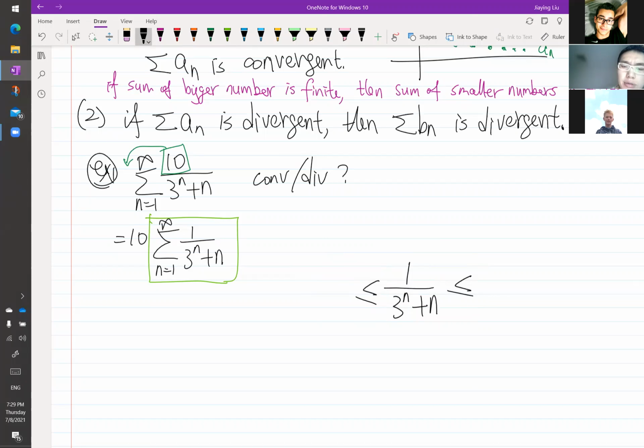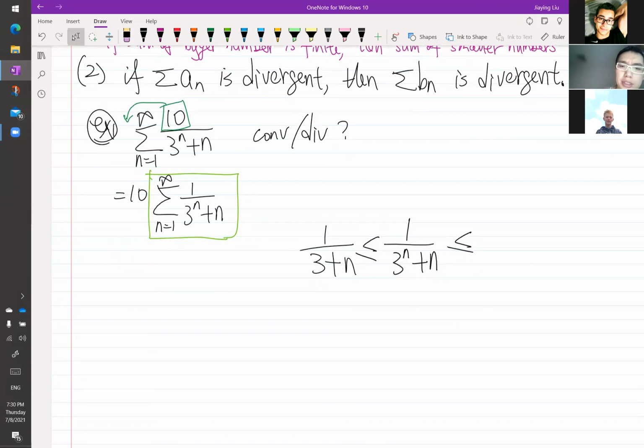A function that's smaller than this is 1 over 3 plus n. That's smaller than 1 over 3 to the n. If you don't see this, let me write it down. 3 is less than or equal to 3 to the n, for n equal to 1, 2, 3, 4, right?